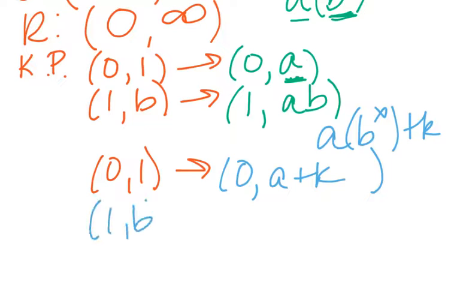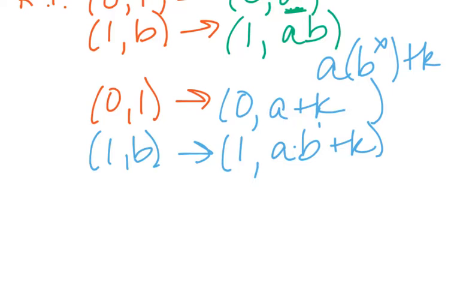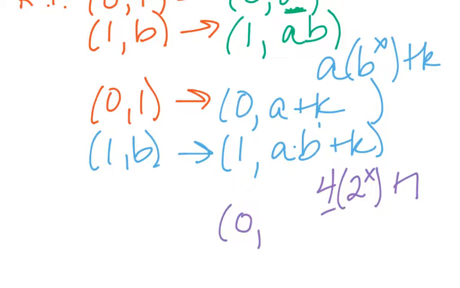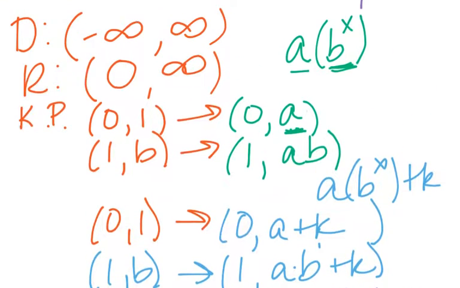And 1, b becomes 1, comma a times b to the first plus k. So for the 4 times 2 to the x, let's do it specifically. For 4 times 2 to the x plus 1, our key points are 0, and then a plus k, so 4 plus 1 is 5, and 1, comma 4 times 2, which is 8, plus 1, which is 9. So those were the key points that we would want to use in a sketch.